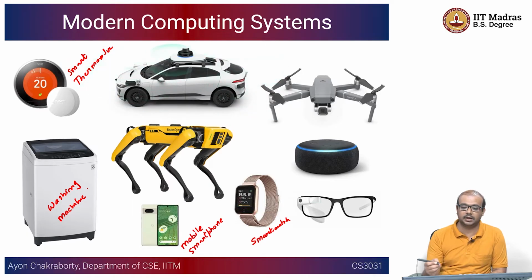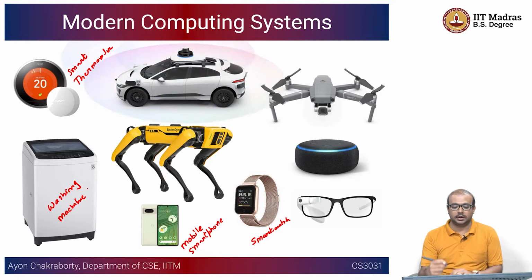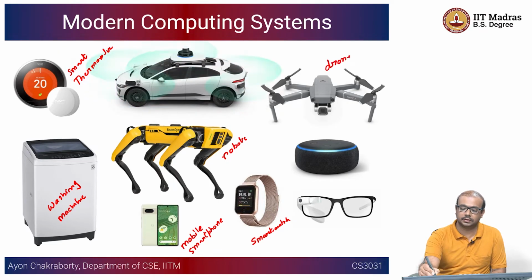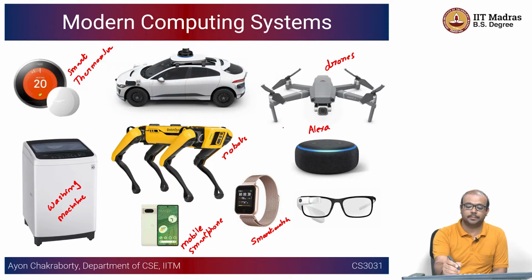This is a robot from Boston Dynamics, and many of you might be aware of the many complicated feats these robots perform. And of course you have things like drones, and automated speech and voice recognition systems, personal assistants, like the Amazon Echo Dots, Alexa, and so on, to something as complicated as a self-driving car.